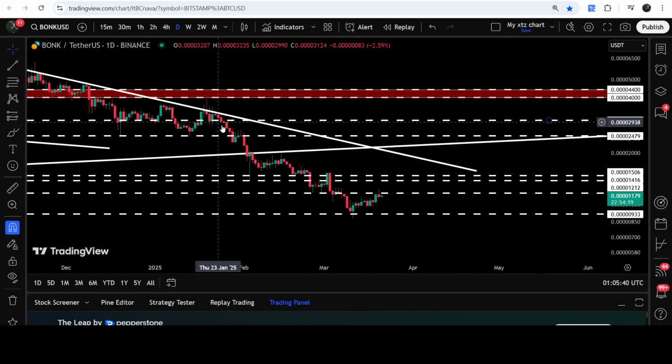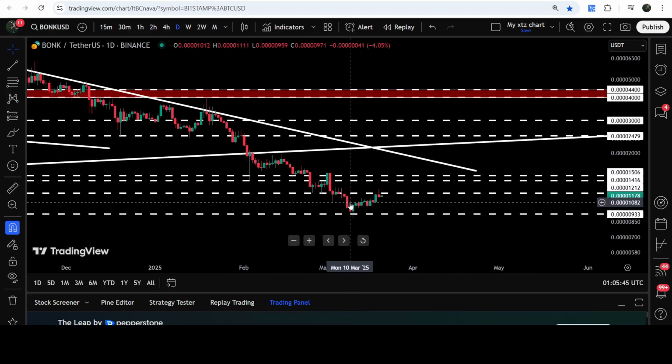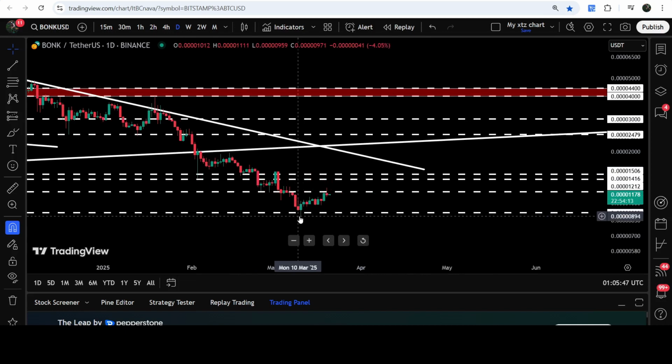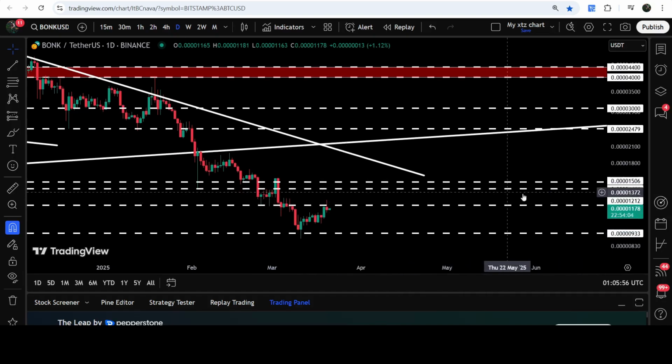You can see that after the breakdown, the price got rejected by this uptrend line as a resistance and dropped down here. Now, after bouncing from this long-term support of 0.00000933, it is trying to break out the next resistance of 0.00001212. In case of breaking it out, it can reach the next resistance that starts from 0.00001416 and goes to 0.00001506.